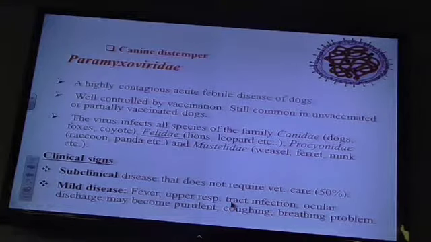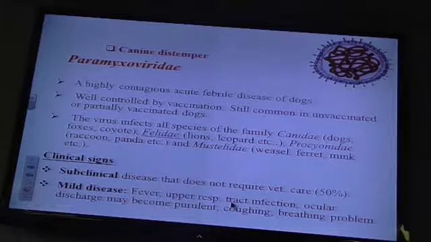Now, what is it? It's highly contagious in dogs. It's well controlled by vaccination, but again, the problem is younger animals, immunocompromised animals, and so on, can be affected. It affects not only the Canidae family, but also the Felidae family and the Mustelidae family.